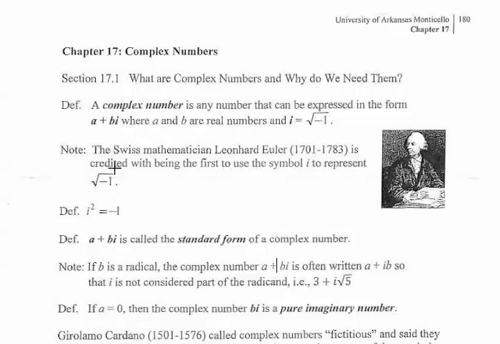Chapter 17, Complex Numbers. This is the chapter where we learn what we're going to do about these pesky square roots with the negative inside. And this also applies to any other even index radical, fourth root, sixth root, and so on.